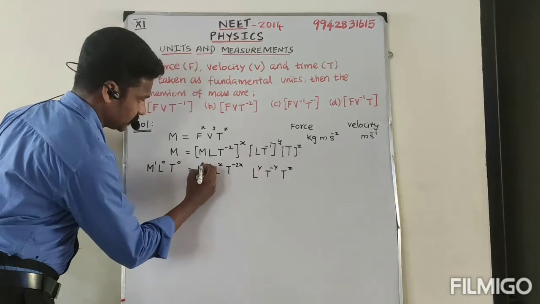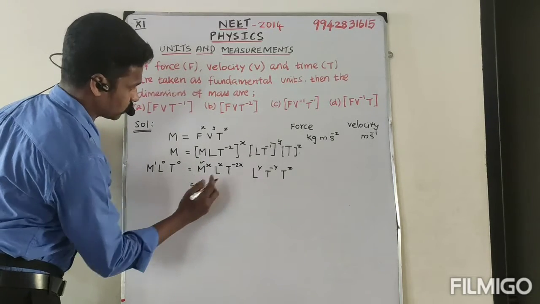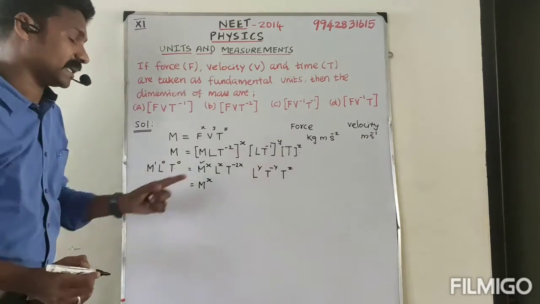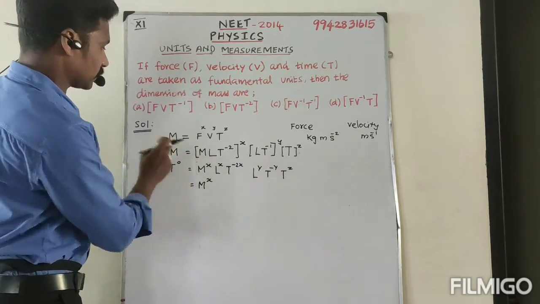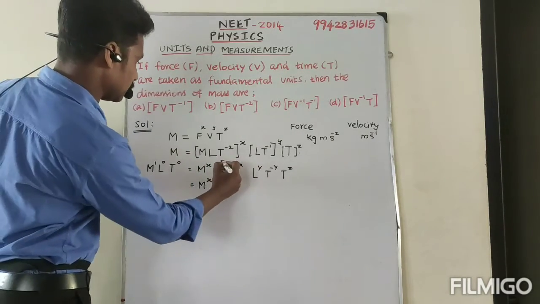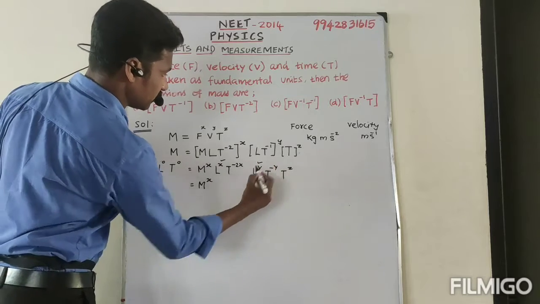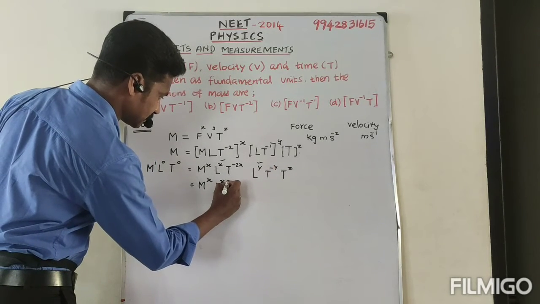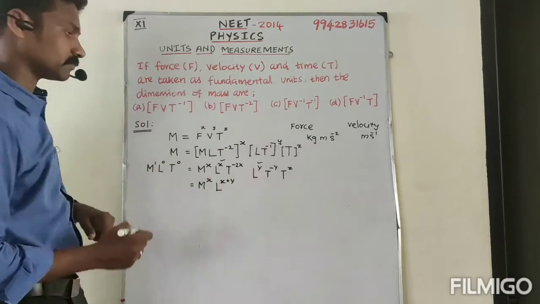Let's take mass. Here only one mass is there, so no problem. So I can write only m power x. Next let's take the length value. L power x, then L power y. So I can write L power x plus y.